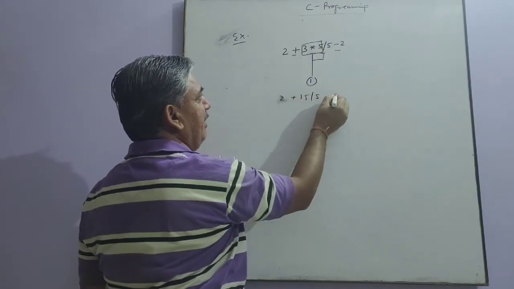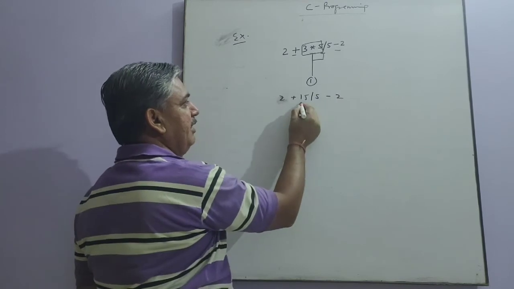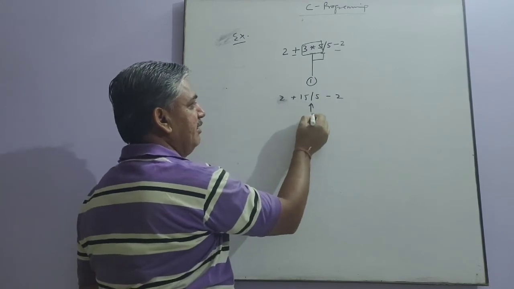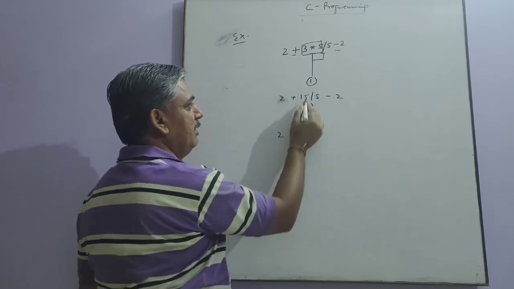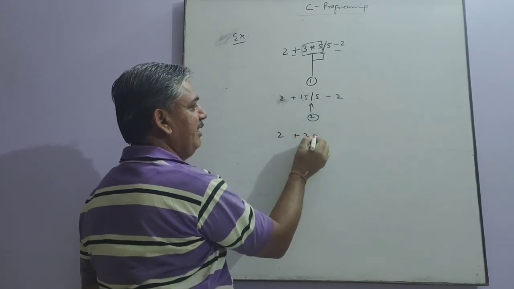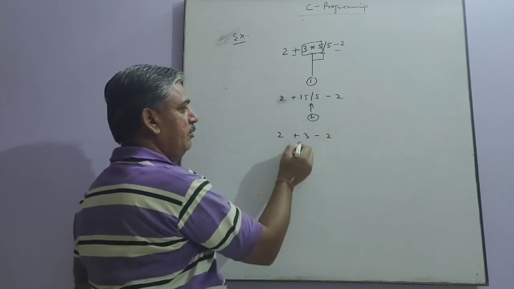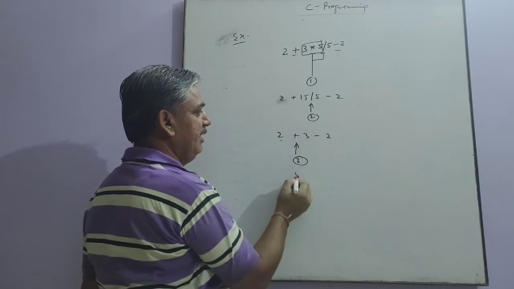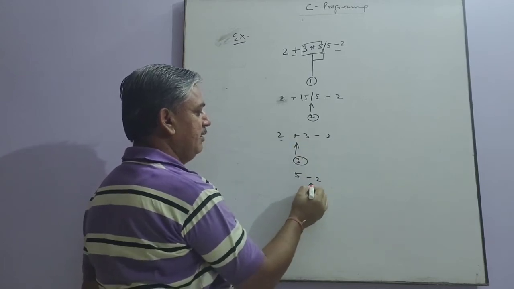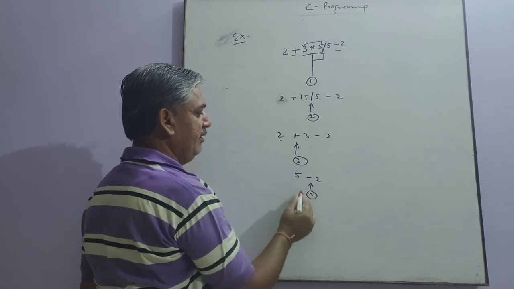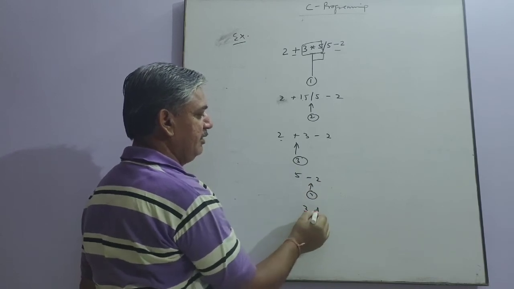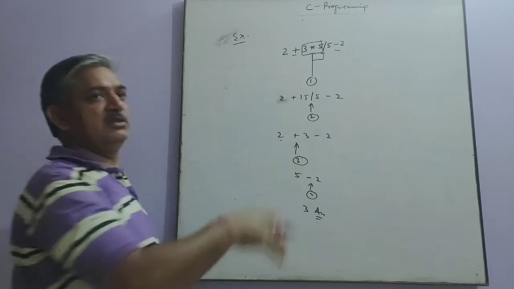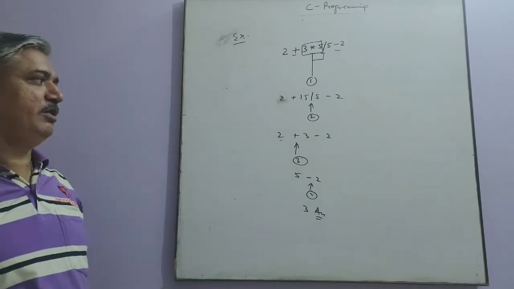Then the second is this one, so we get 2 + 3 - 2. Then this one, 5 - 2, so finally we get 3. So 3 is the answer. This is the method to evaluate expressions.